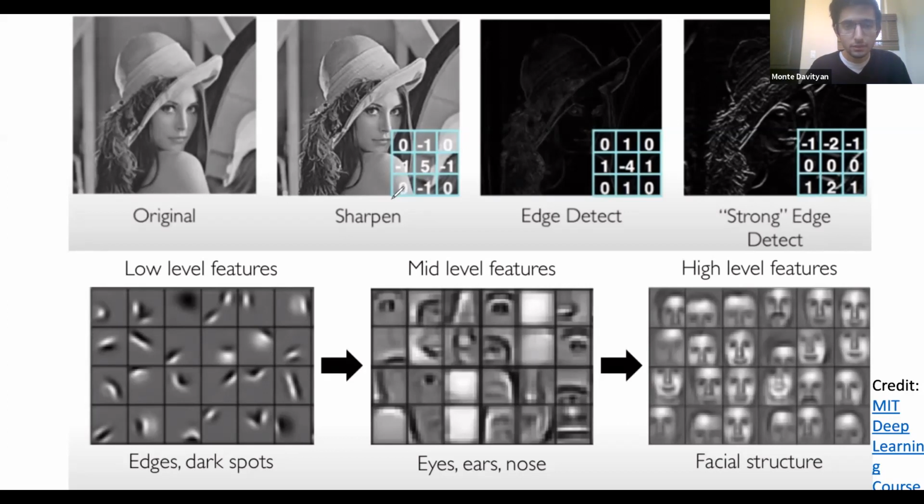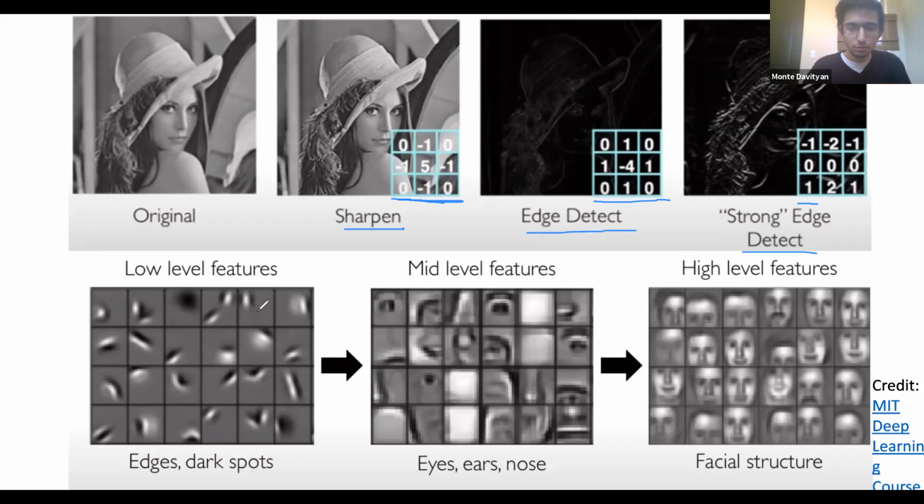For example, this specific weight might sharpen the image. This particular weight might detect edges. This particular weight might extract really strong edges and really try to find the edges in an image.